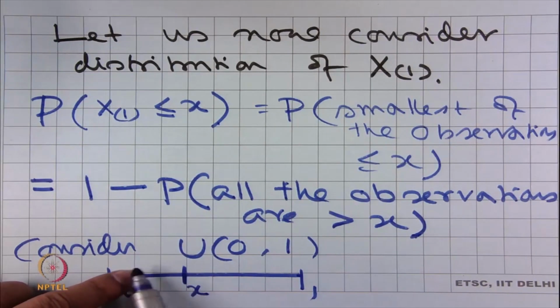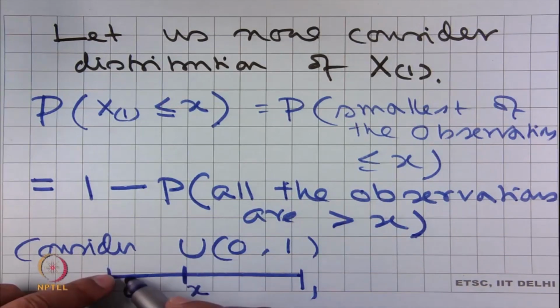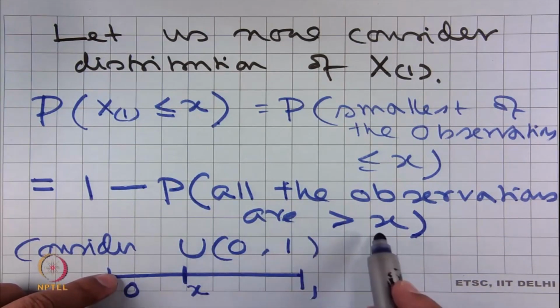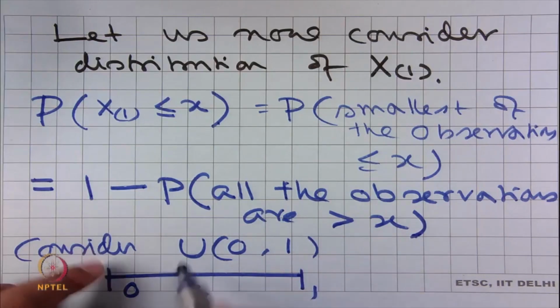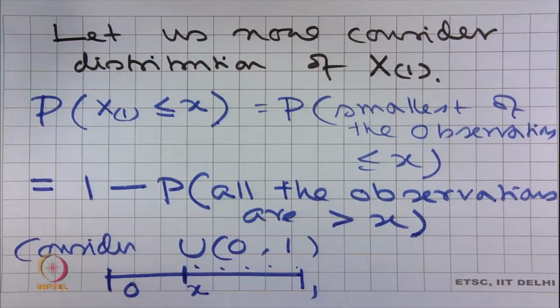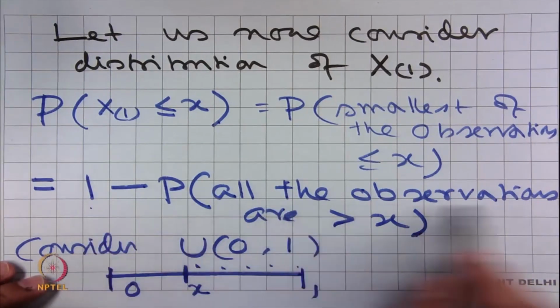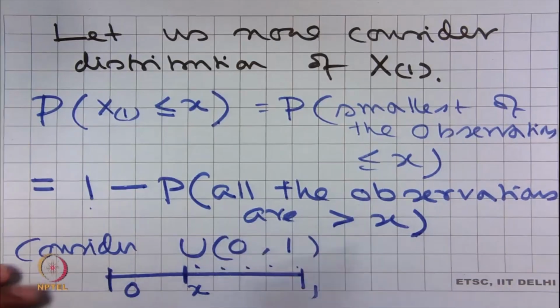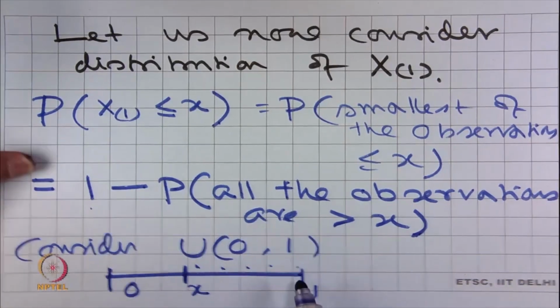But if two of them are less than x, still the minimum is less than or equal to x, and if all n are less than x, then also the minimum is less than or equal to x. Therefore, the probability that the minimum is less than or equal to x is the complement of all the observations being here. Therefore, 1 minus the probability that all the observations are greater than x.